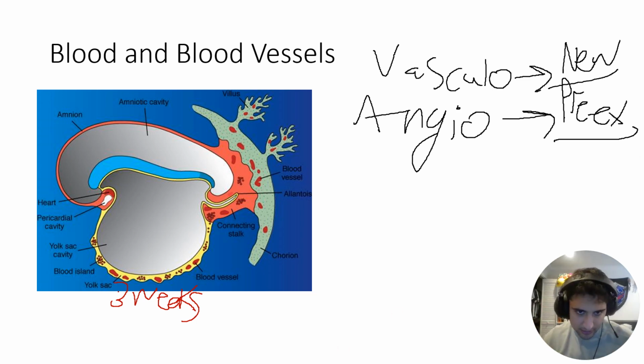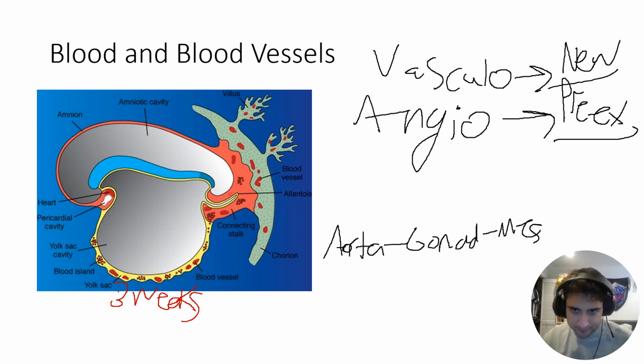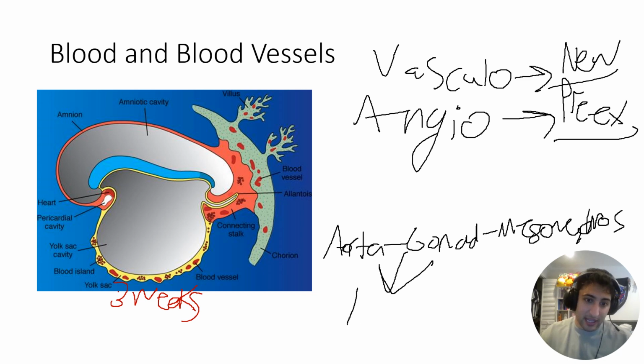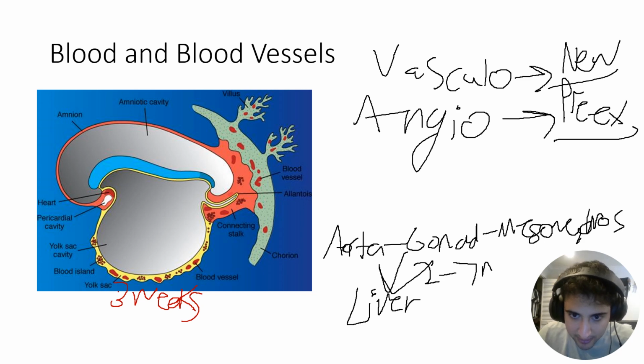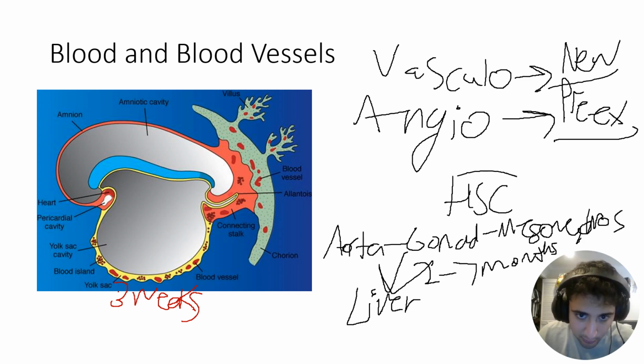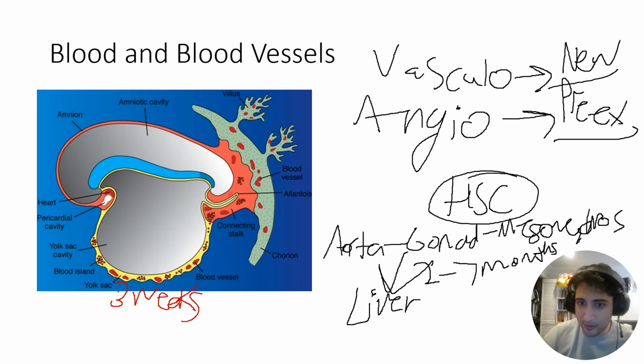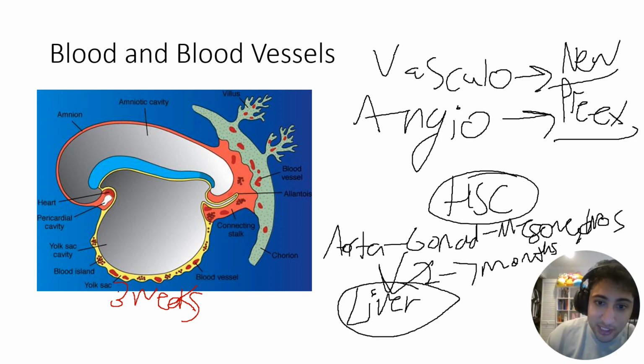Let me write that out for you. The aorta gonad mesonephros region. And most importantly, and this is critically high yield, these will migrate to the liver in the second month. So for months 2 to 7, those definitive hematopoietic stem cells that arose in the aorta gonad mesonephros are going to be in the liver, and that's extremely important.